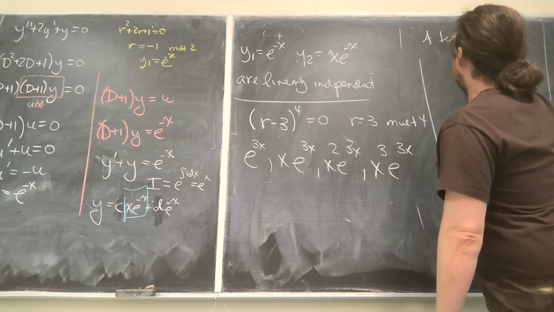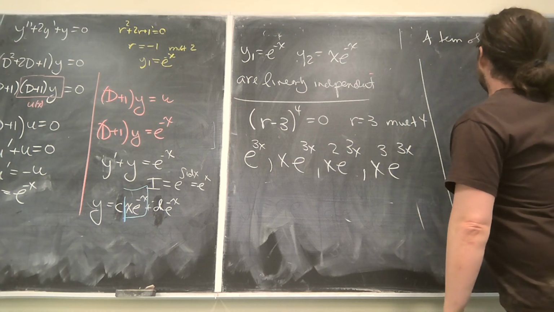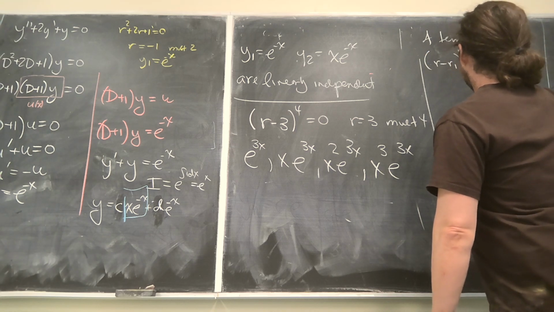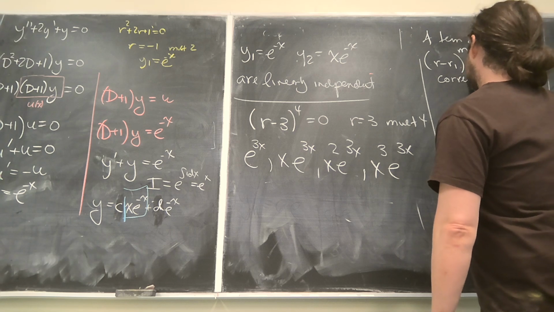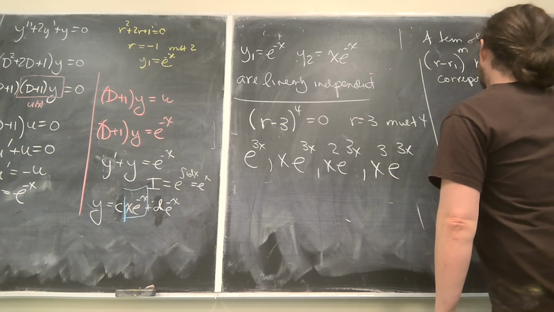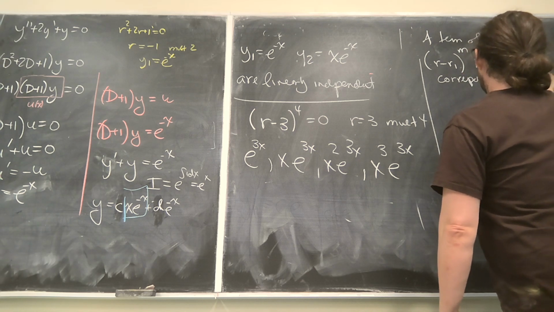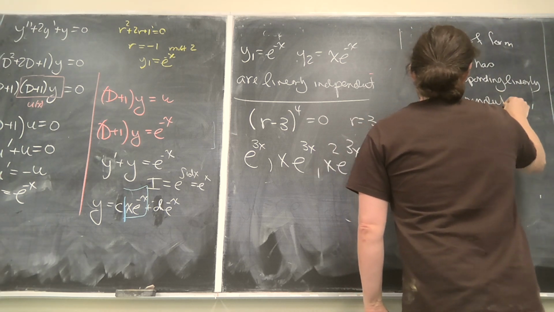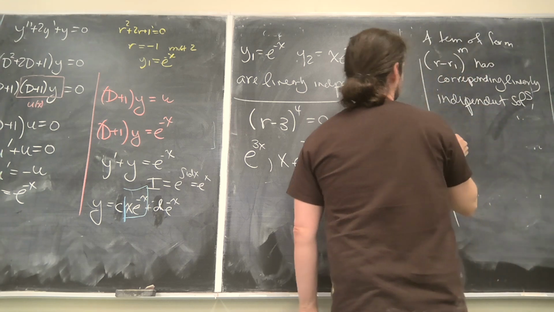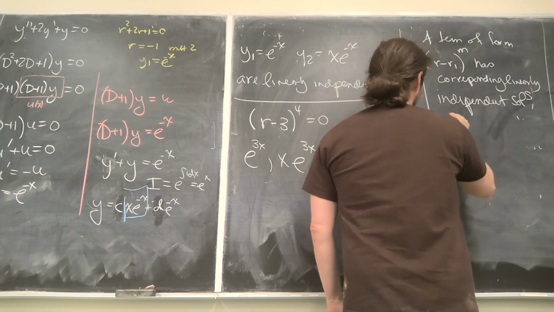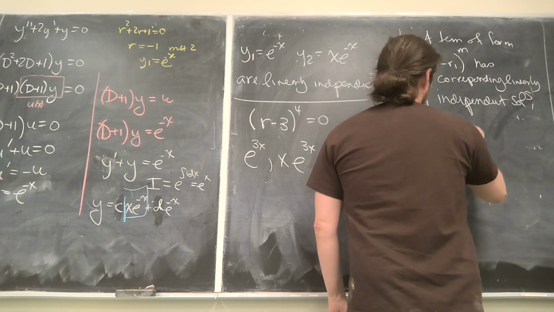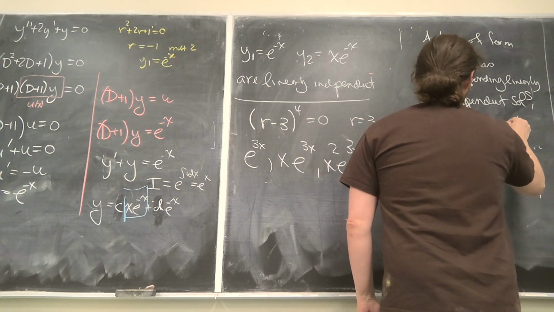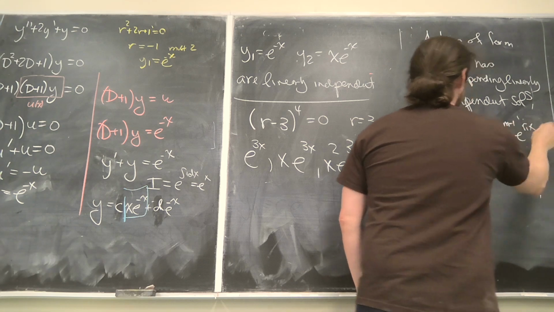A term of the form (r minus r1) to the m has corresponding linearly independent solutions: e to the r1x, x e to the r1x, and then you stop when you get to x to the m minus 1, e to the r1x.